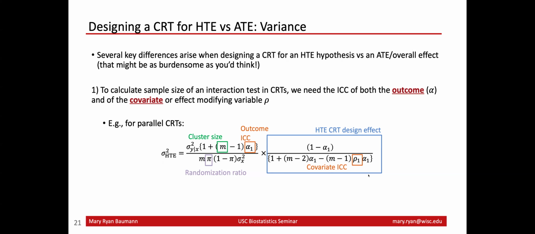Yeah, so the way we account for the covariate ICC is that it doesn't involve the outcome at all, but there can definitely be an interaction between the two. Usually when we're thinking of covariate ICC, if we think of it in terms of a binary covariate, we're looking at how much variation in proportions of that binary covariate we have among all of our clusters.